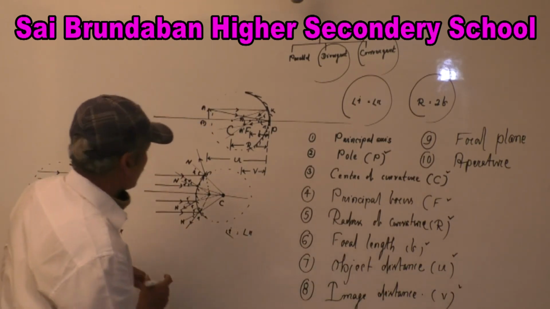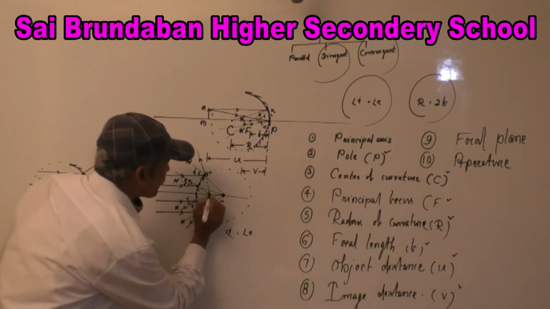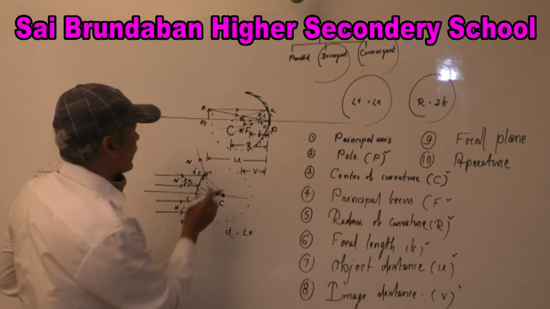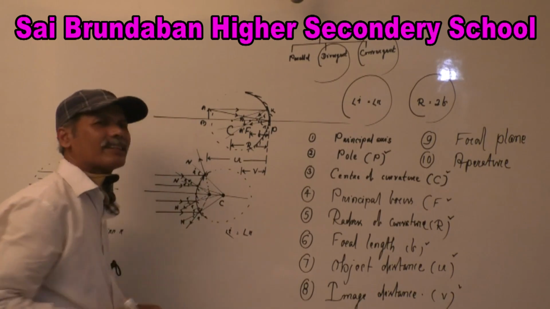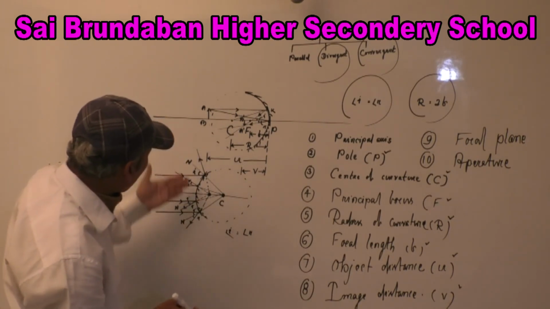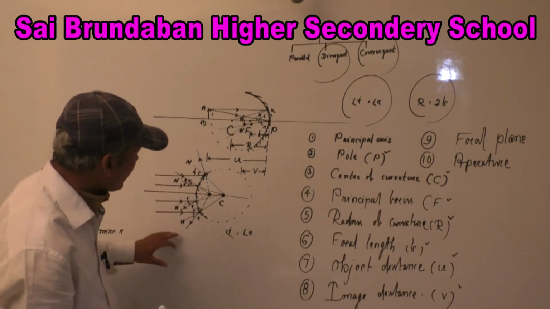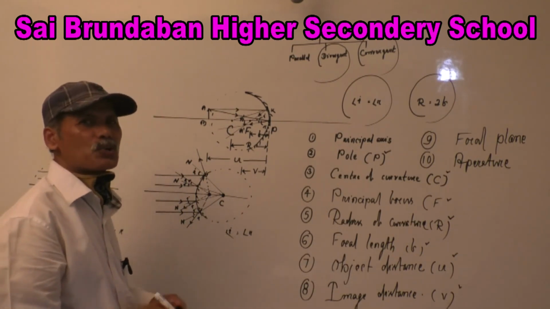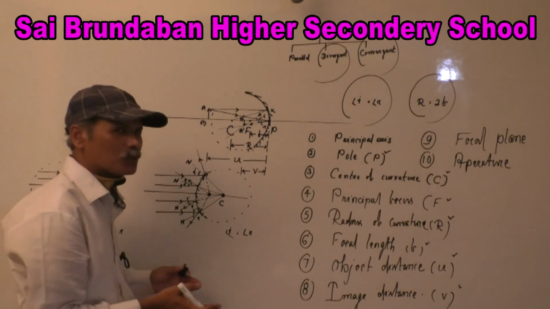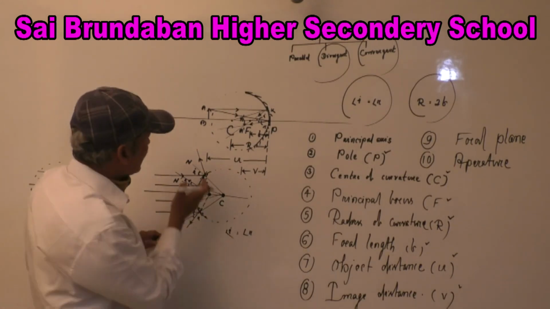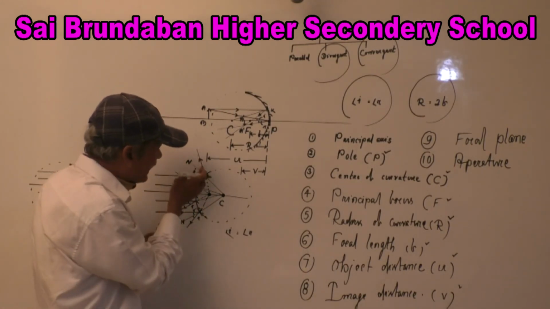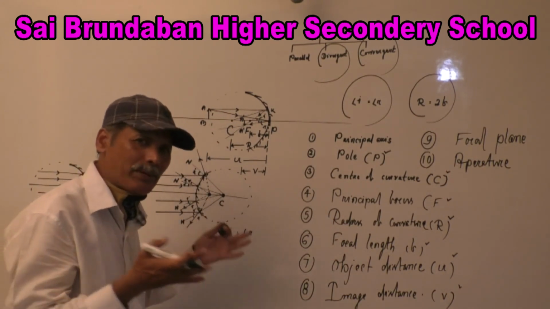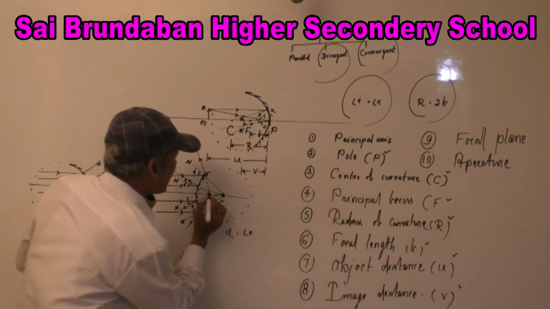So now, from this figure, it is clear that the reflected rays are divergent in nature. So that's why we extended those reflected rays and they all appear to meet at a common point.